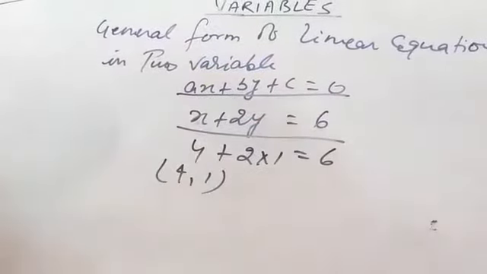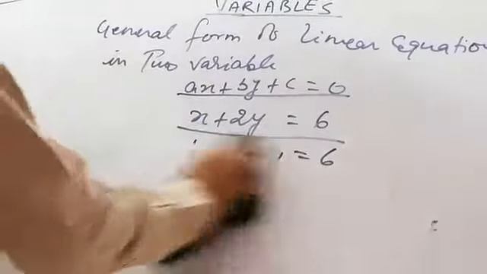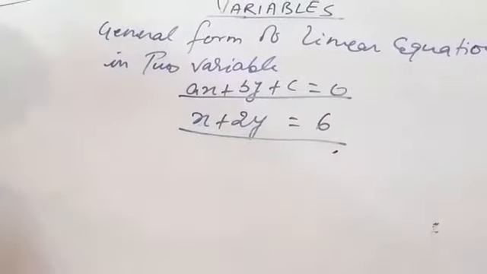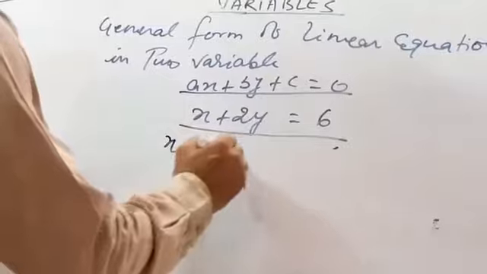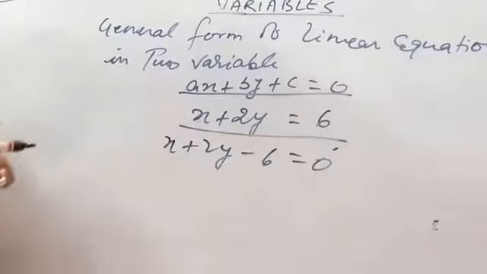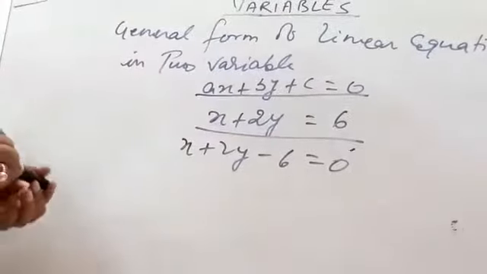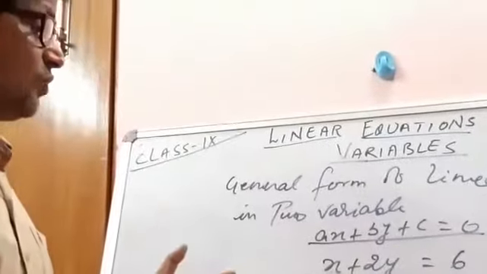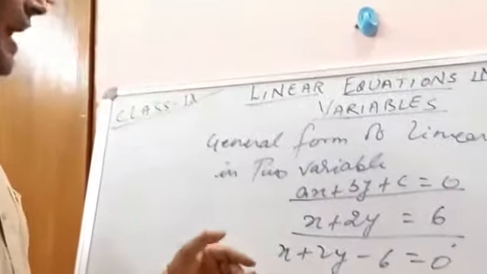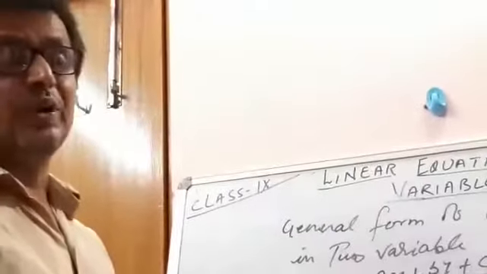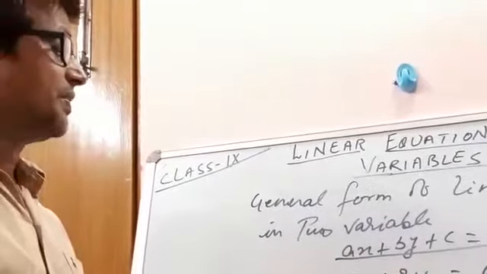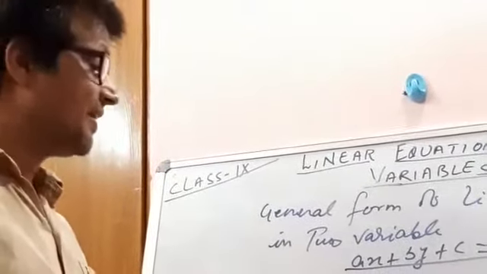Don't be confused. As I said, if I am writing here x plus 2y minus 6 is equal to 0, what do we need to look for? We need to assume either of the values, and the second one could be calculated.